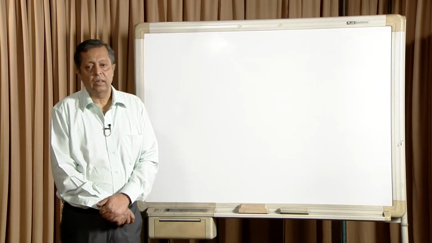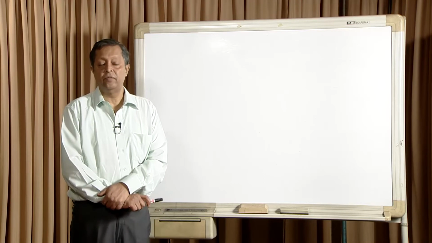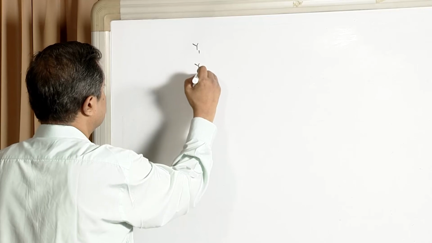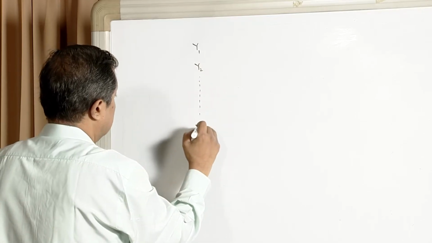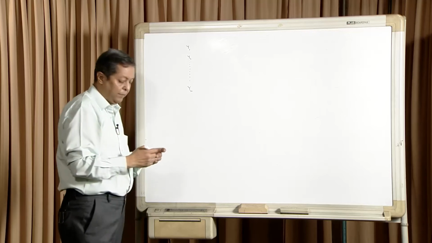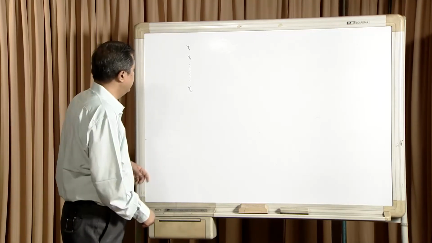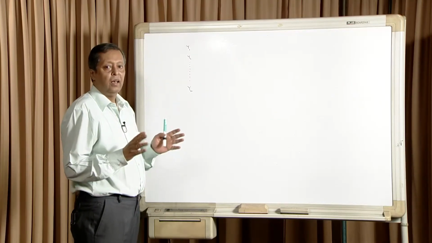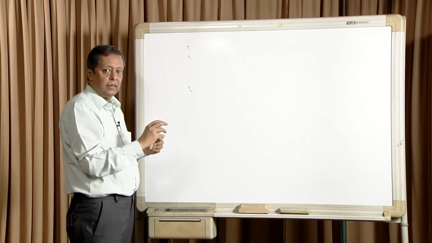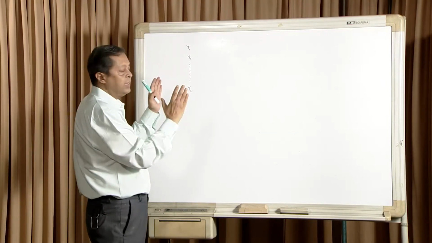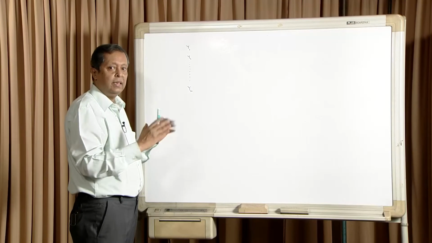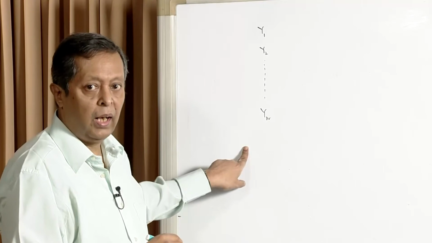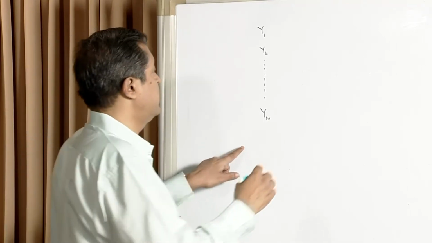Let us now take a look at the full k variable model represented in matrix form. The explained variable, as we know, is y, and there are n observations. A matrix is nothing but an array of entities, that means we arrange them in a particular order, which makes it easier to handle, and each of these y's is explained by the x variables.